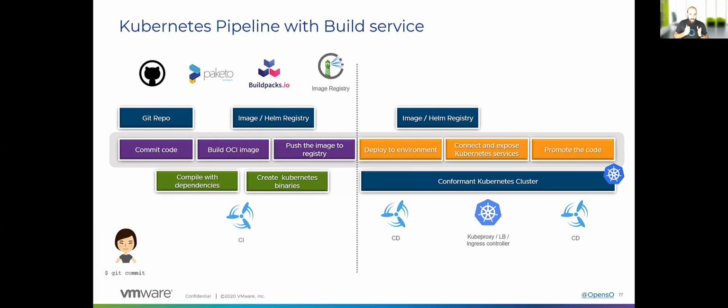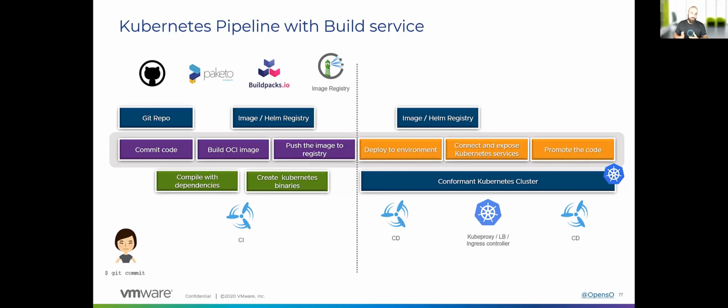So that means that I'm detecting the code, understanding which kind of code it is, compiling that, creating the container image with the dependencies, and pushing that into the registry, into the image registry of your choice.